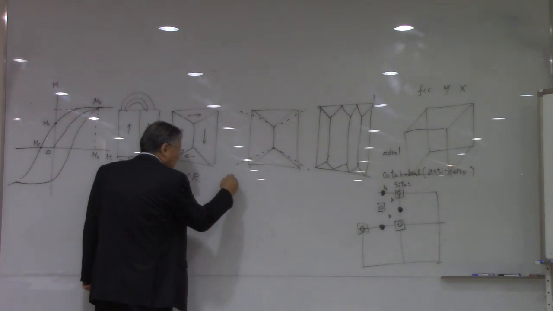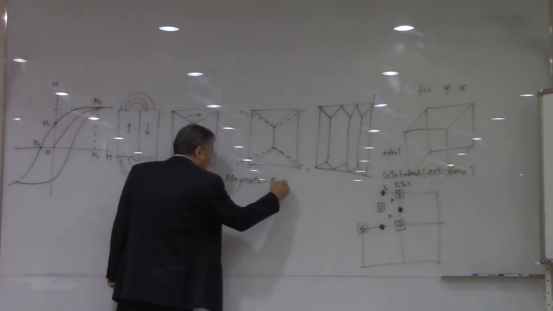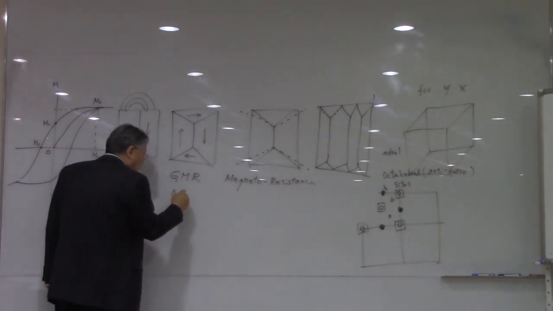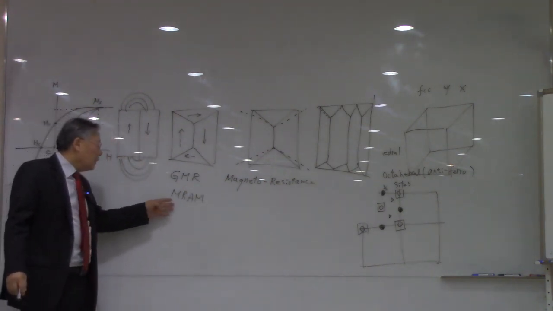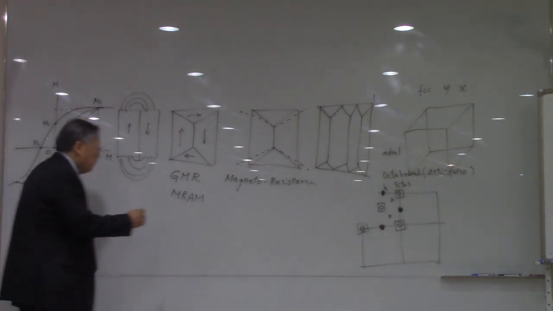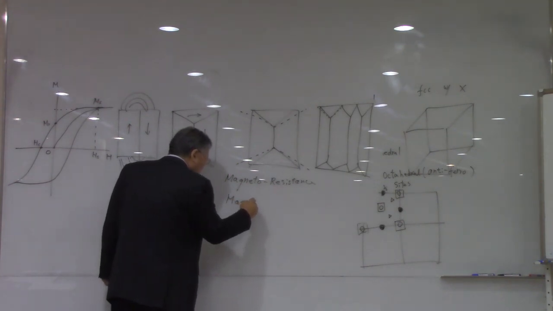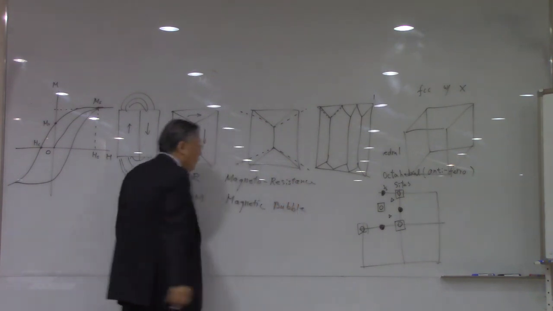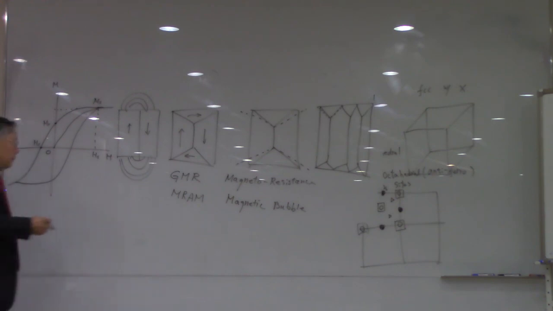That is a magnetoresistance. And then we have another application of this, the random access memory, magnetic bubble memory. All right?